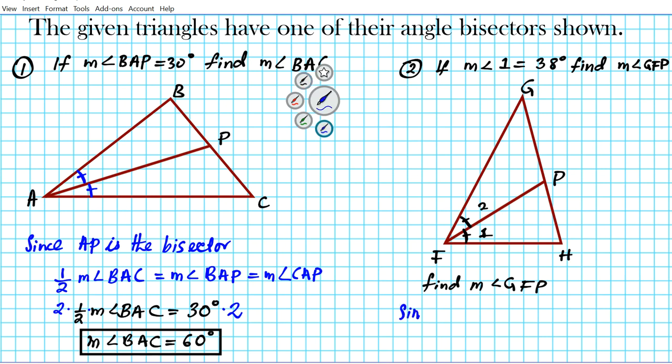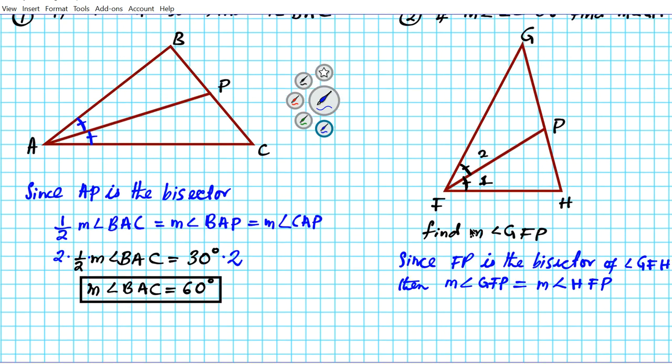Since segment FP is the bisector of angle GFH, then we know that these two angles must be the same. So the measure of angle GFP is equal to the measure of angle HFP.